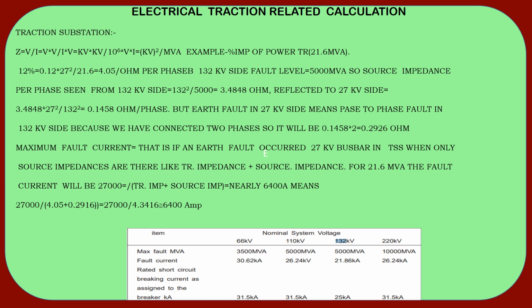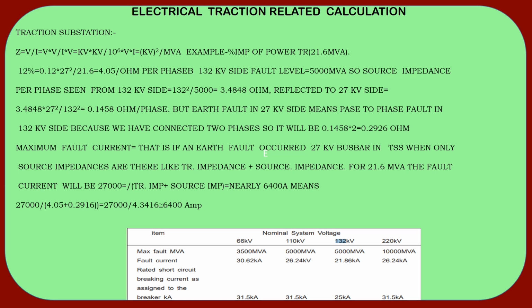Why do we need this fault current? We set the HV side instantaneous overcurrent setting 25% more than the maximum fault current on the 27 kV side. This means any earth fault on the 27 kV side will not trip OCR 1, because it is set 25% above.